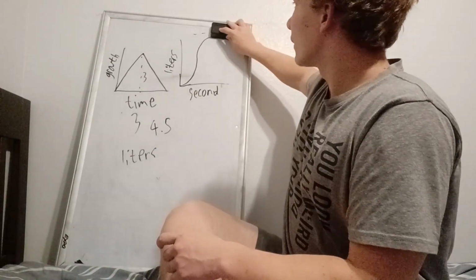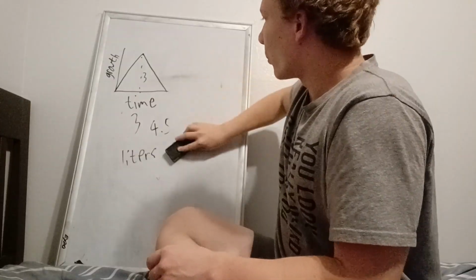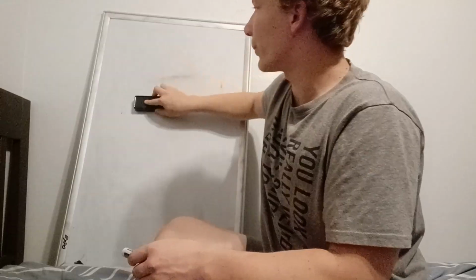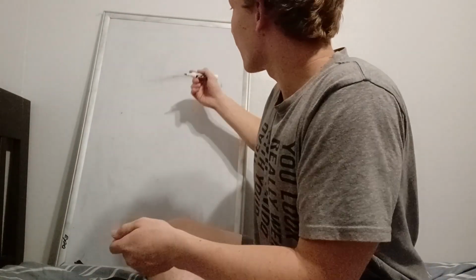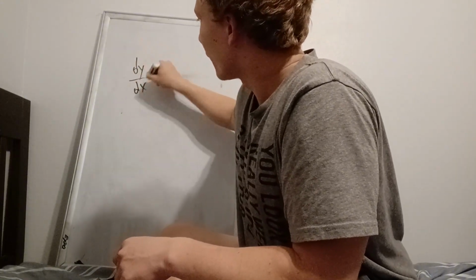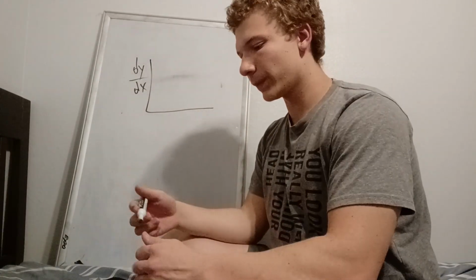Now, we can do this, instead of just a real world example, with a more vague, abstract function example. What I'm going to do is graph dy/dx. So the value of dy/dx is going to be on this axis. Now, what should our x-axis be?